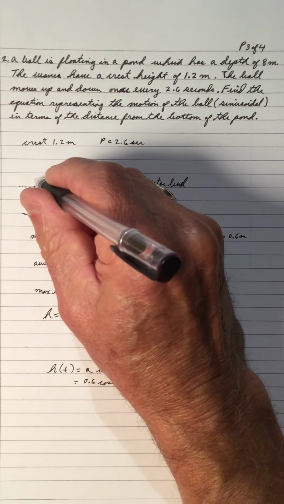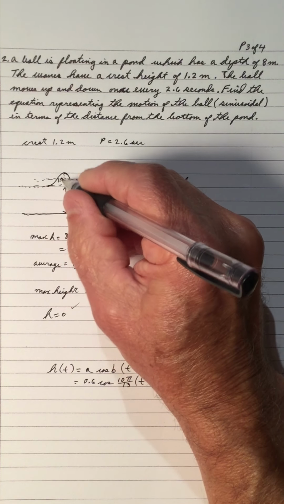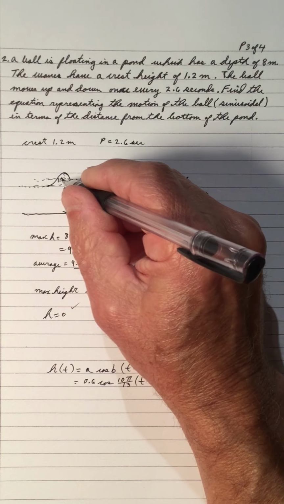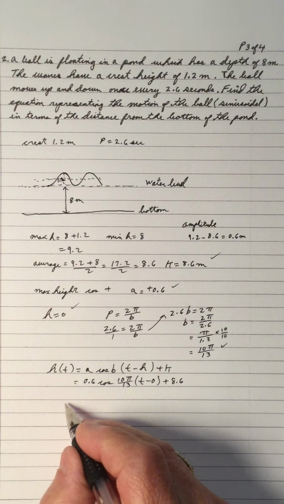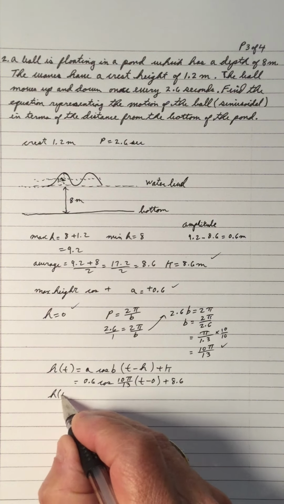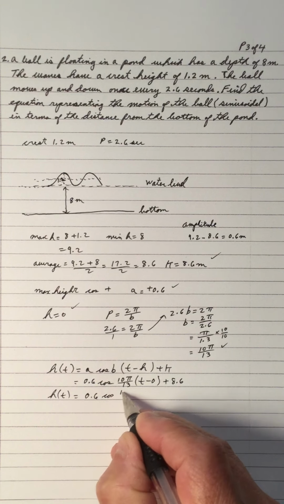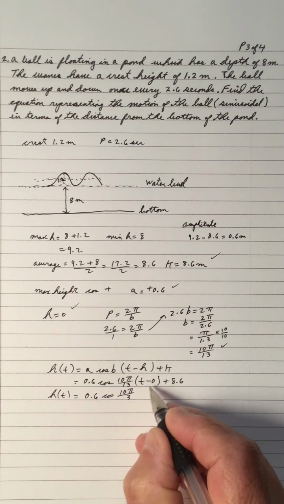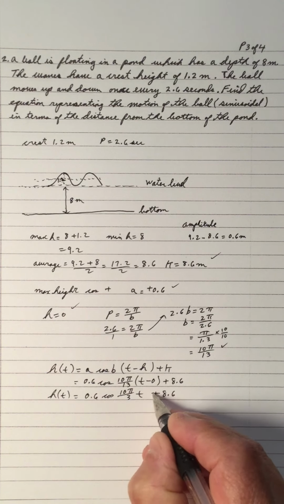The sinusoidal axis, if you think about it, is right in the middle, halfway between here and here. So it's 8 plus 0.6, which is 8.6. So the final equation is h of t equals 0.6 cos of 10 pi over 13 times t, since t minus 0 is just t, plus 8.6.